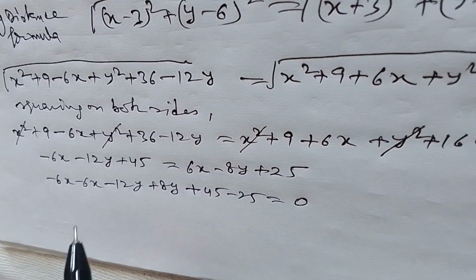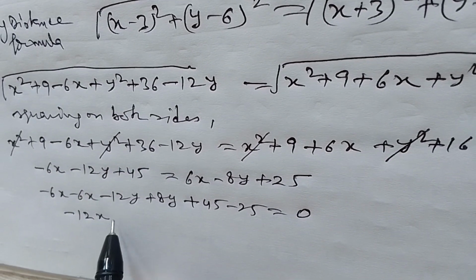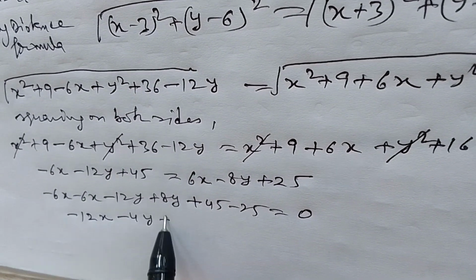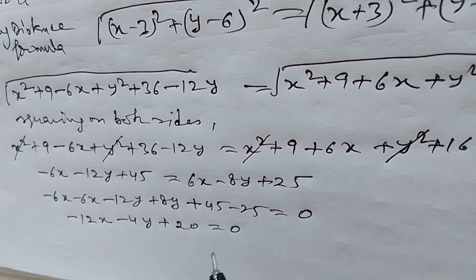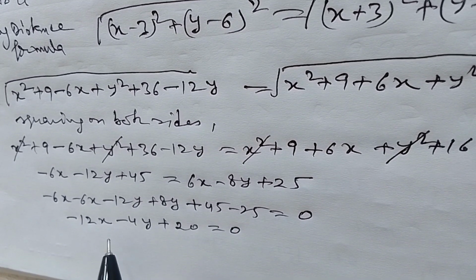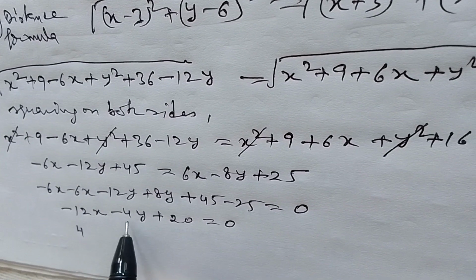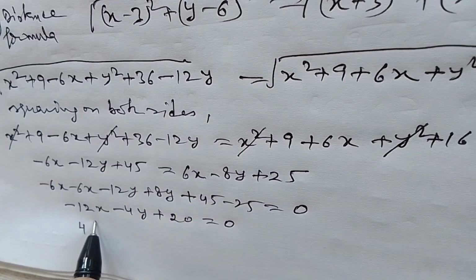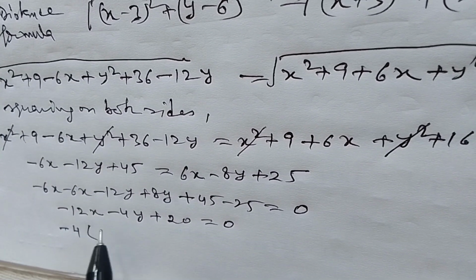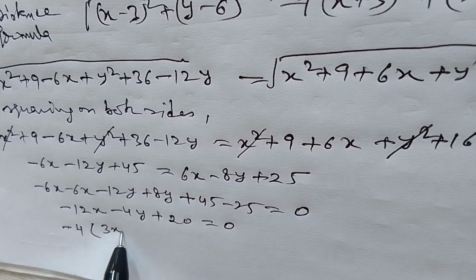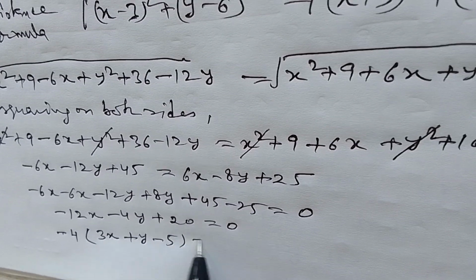So now we have minus 12x minus 4y plus 20 is equal to 0. Here the common factor is 4, so taking out minus 4 outside, we are left with 3x plus y minus 5 is equal to 0.